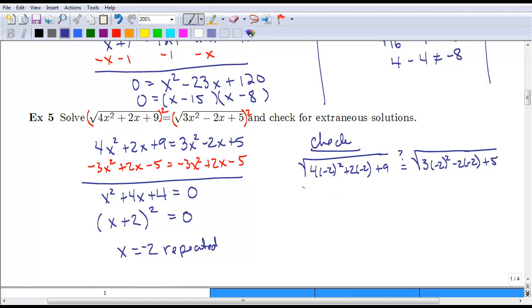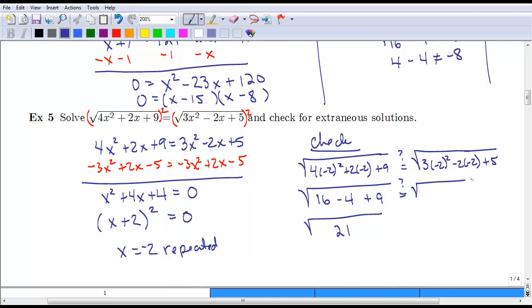So when we simplify here, we end up with 4 times 4, which is 16. Then we get a minus 4 and a plus 9. If we kind of just keep going down this side, we get 16 minus 4 is 12. 12 plus 9 is 21.